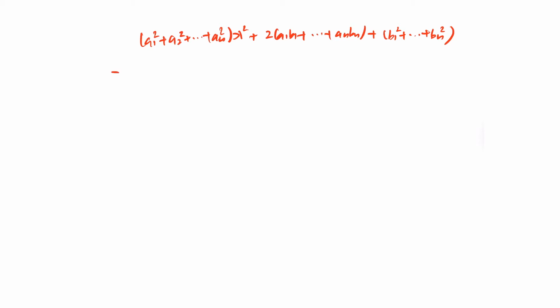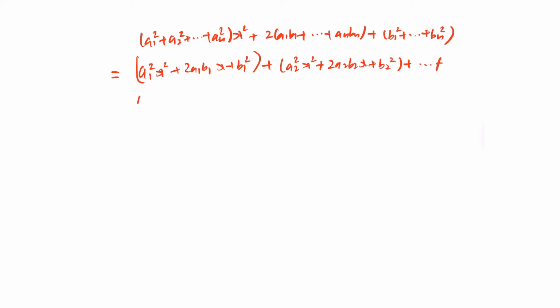And this will simply be equal to a1 squared x squared plus 2 a1 b1 x plus b1 squared, plus a2 squared x squared plus 2 a2 b2 x plus b2 squared, plus all the way up to an squared x squared plus 2 an bn x plus bn squared.